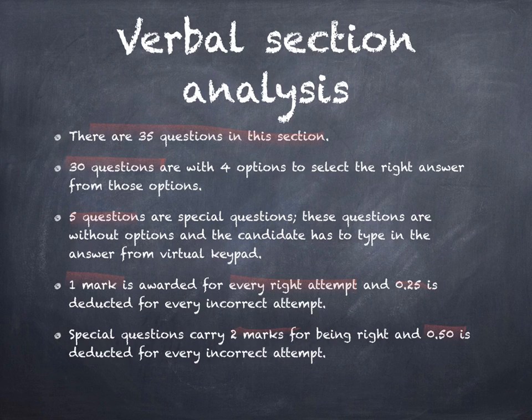It is even more important not to simply type in anything if you do not know. Why? Because the negative marking is double. Of course, the benefit is double, but the negative marking is also double the usual. Altogether, you get 40 maximum marks to be scored in the verbal section from these 35 questions.